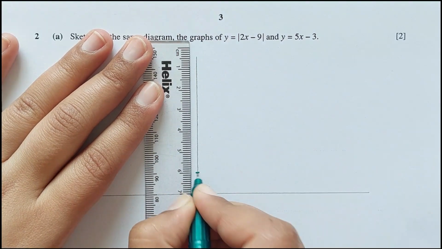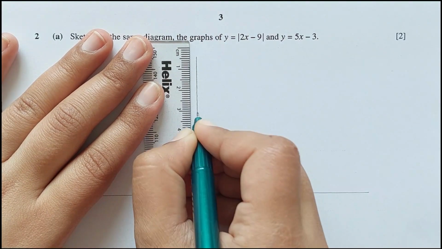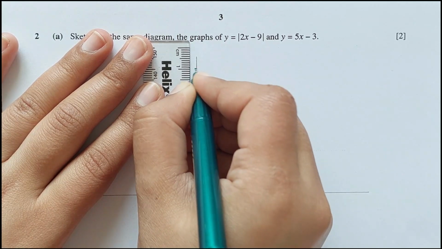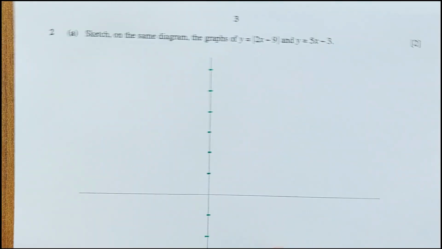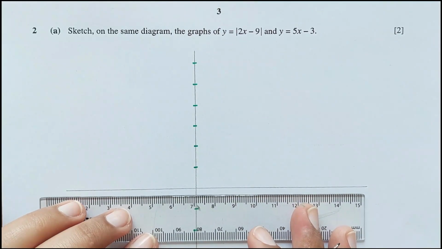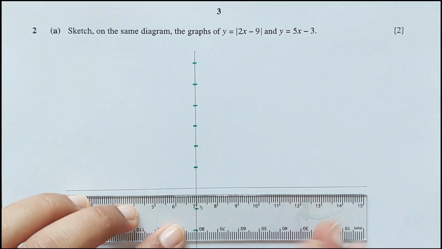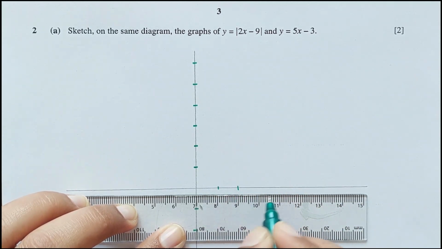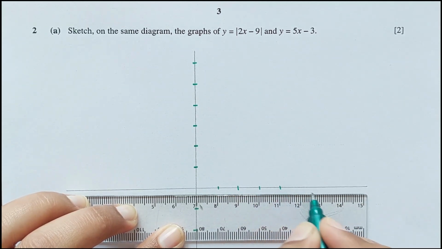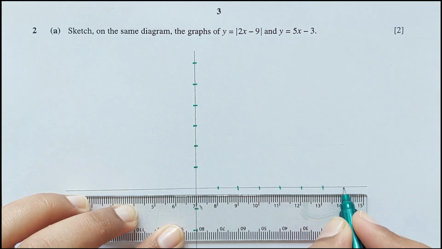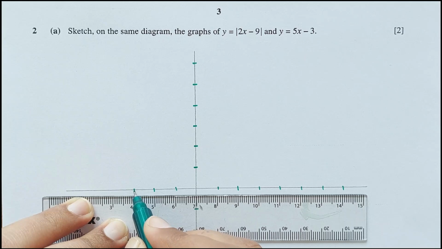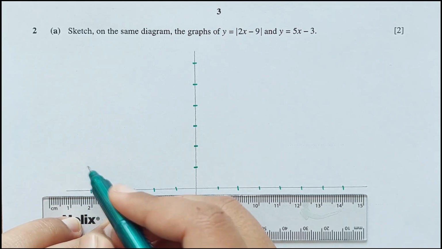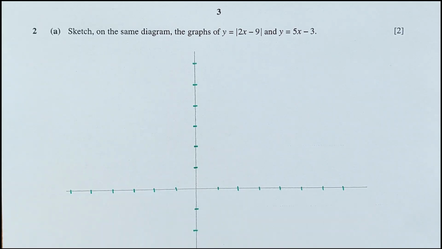We have 1, 2, 3, 4, 5, 6, minus 1, minus 2, minus 3, minus 4 on one axis, and on the other, 1, 2, 3, 4, 5, 6, 7 and minus 1 to minus 6.